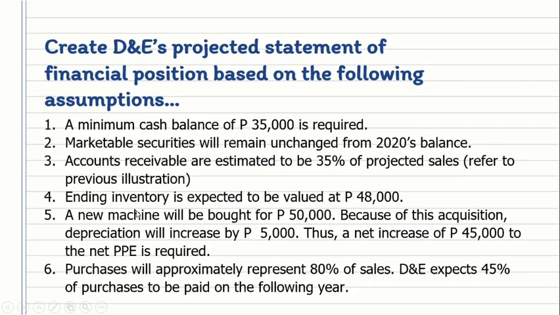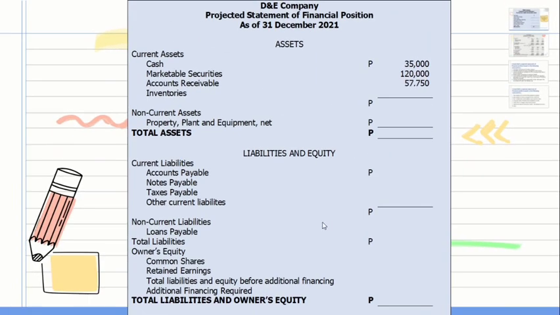Then, inventories. Ending inventory is expected to be valued at 48,000. So, natay inventories of 48,000. If you could remember, natay koan ka na katong two approaches, then natay percent of sales and judgmental approach. So, dire atong gigamit is judgmental approach kay nag-assume rata in every account kung pila siya dapat on that year.